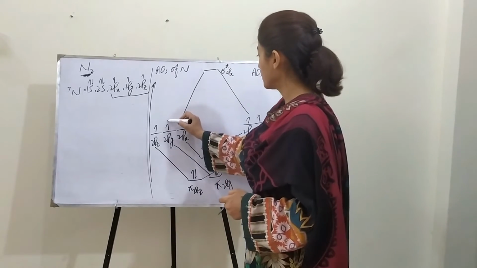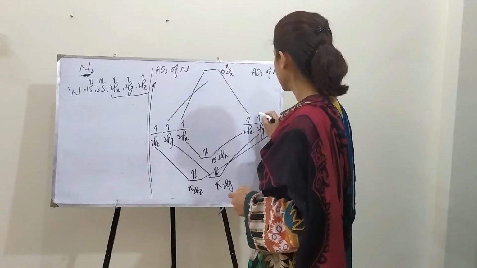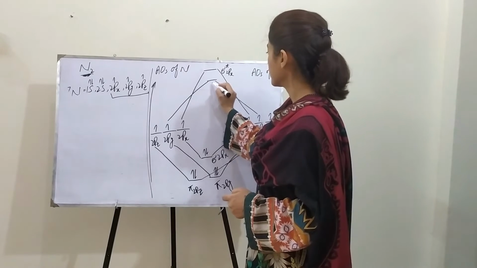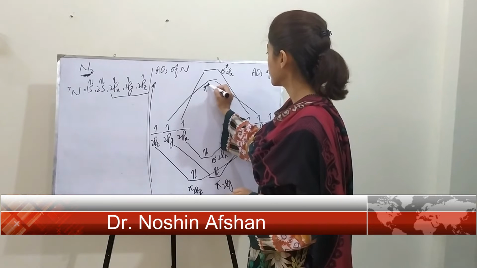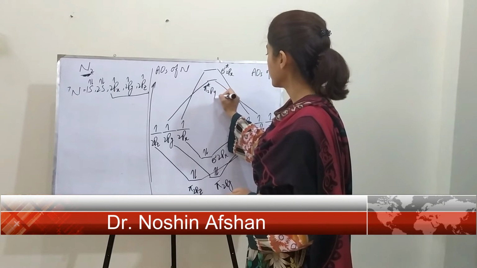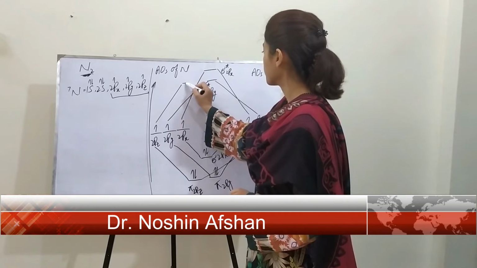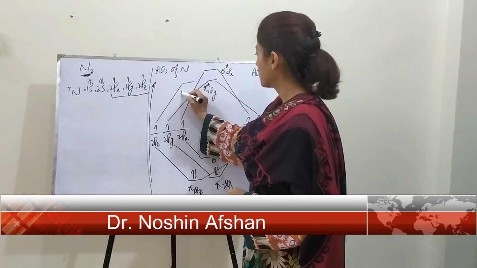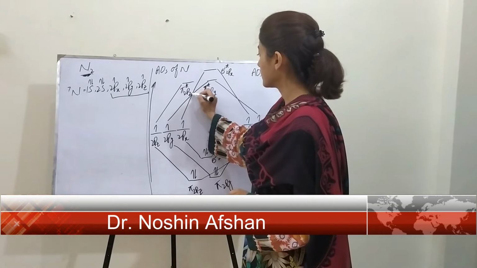Then the 2py is here, this would be pi star 2py, and then 2pz, this is pi star 2pz.